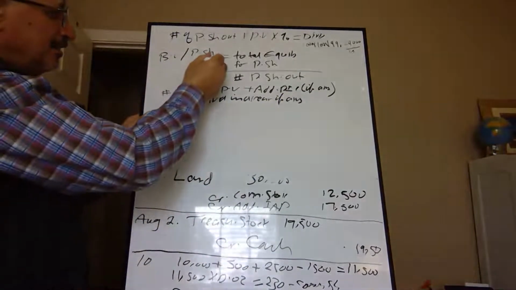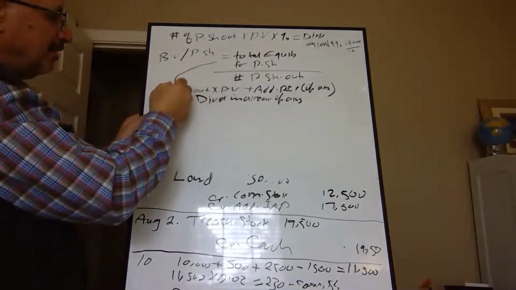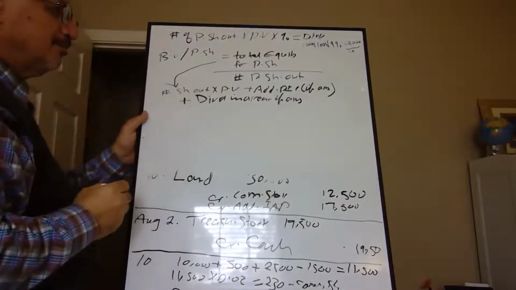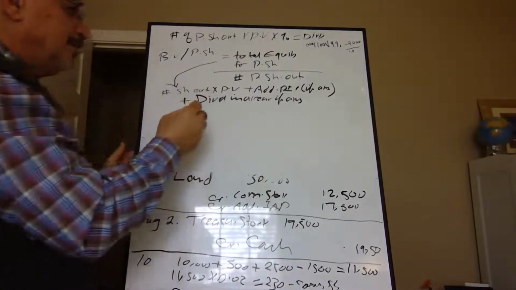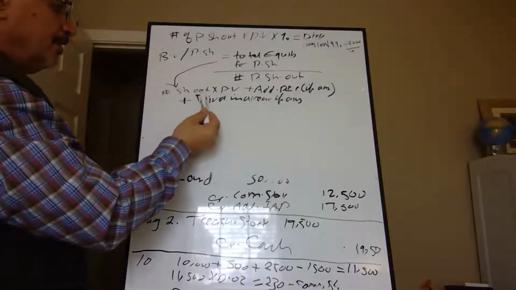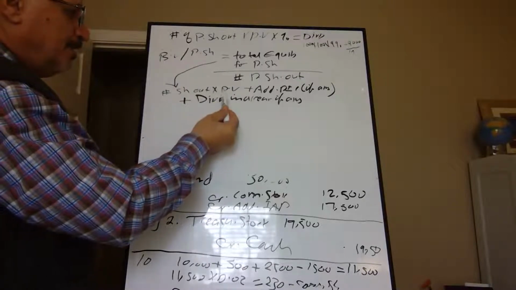That is the numerator. Okay, number of preferred shares outstanding.